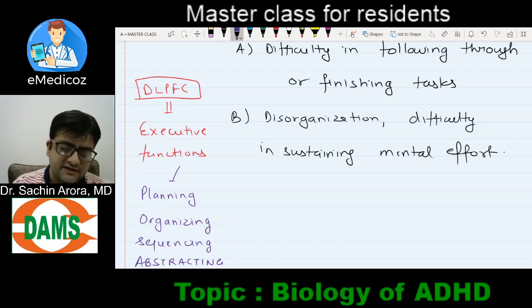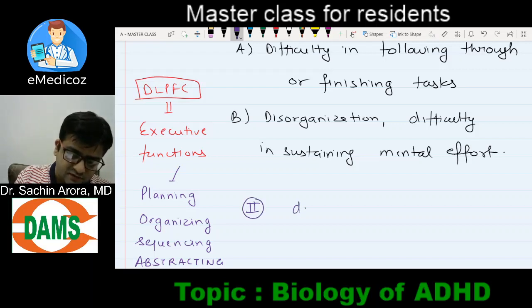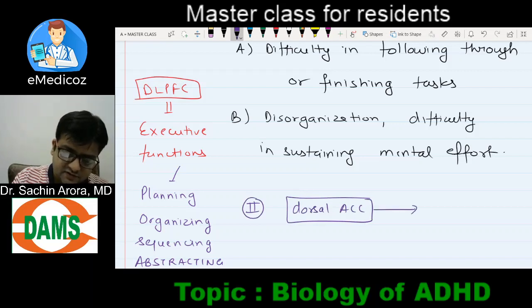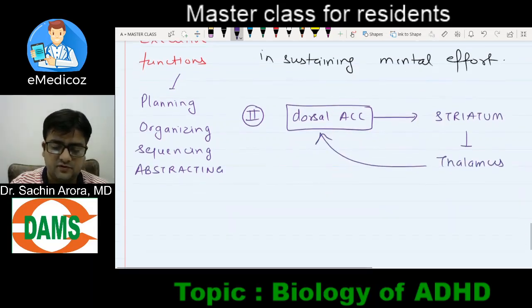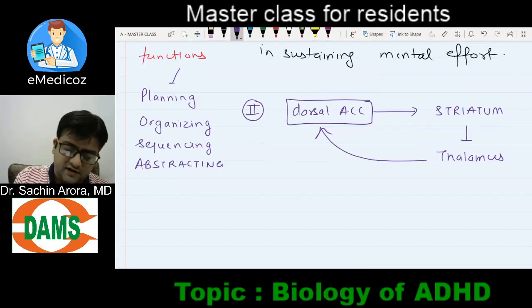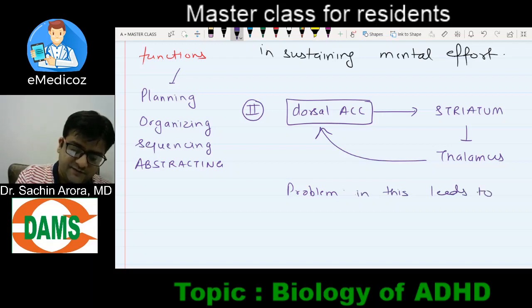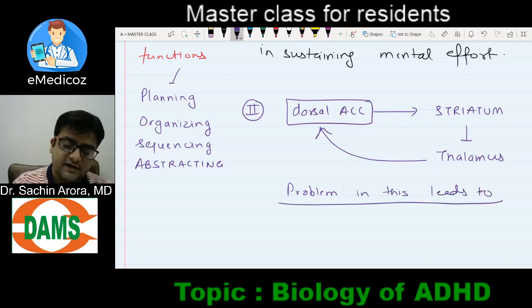Okay, let's understand the second loop. The second loop starts from the dorsal anterior cingulate cortex, goes to the striatum, again to the thalamus, and back to the dorsal ACC. Problems in this loop lead to which symptom of ADHD?